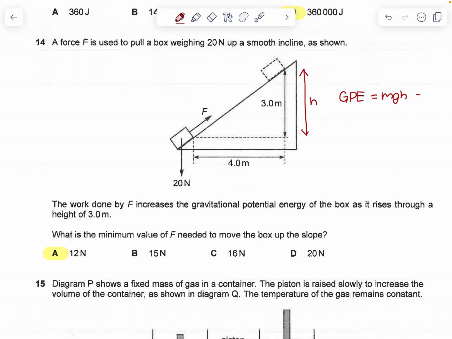Then you can use work done equals force times displacement, second equation. Here the displacement will be 5 meters because it is translated from here to here. Okay, so you can equate both equations: mgh equals F times s, and you can find F.